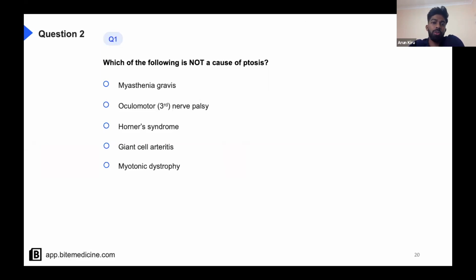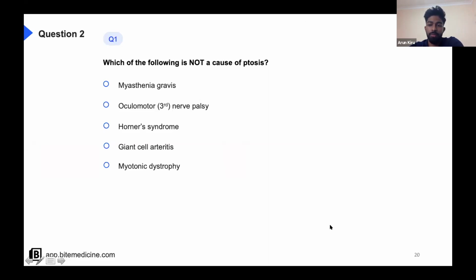Which of the following is not a cause of a ptosis? 10 more seconds, guys. 5 seconds.